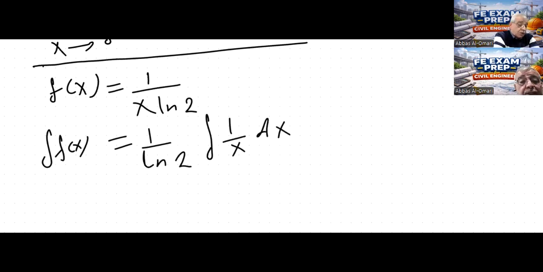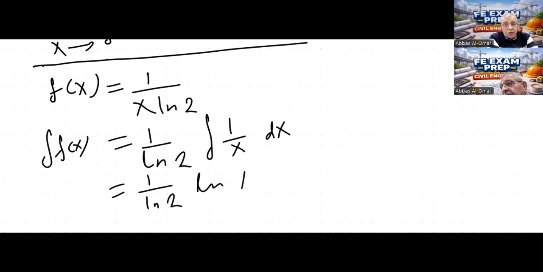So what's the integration of 1 over x? The integration of 1 over x is ln x, because the derivative of ln x is 1 over x. So the integration of 1 over x is ln x plus c.